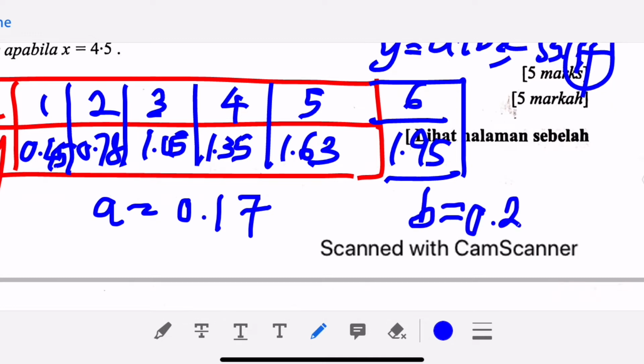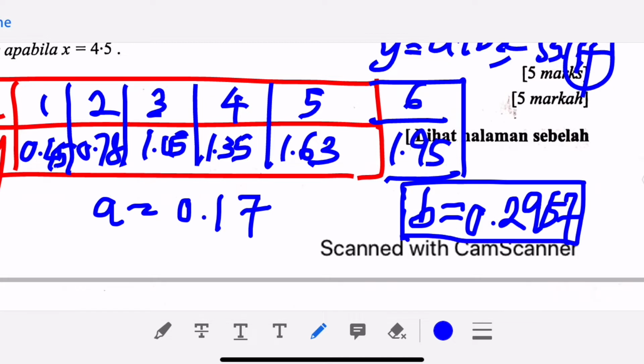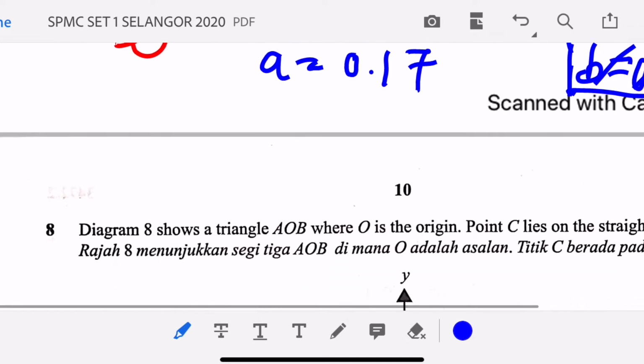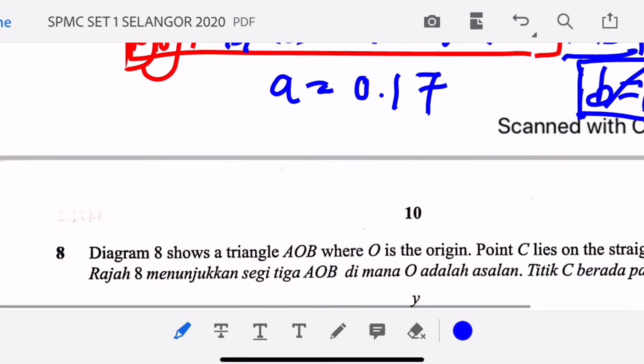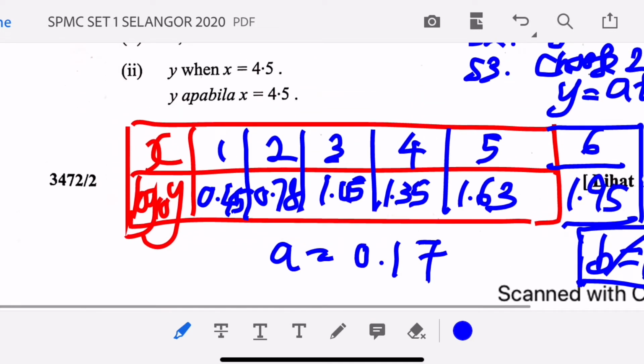It's not for you to use this. Please do not use it. Refer to it only so that you are aware that your gradient is quite close to 0.29 something. That is not your answer, but the y-intercept you can always use to get the line of best fit, right?